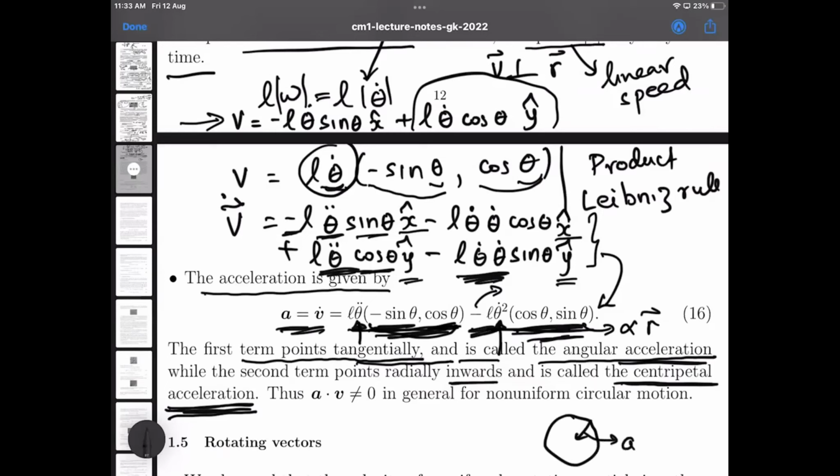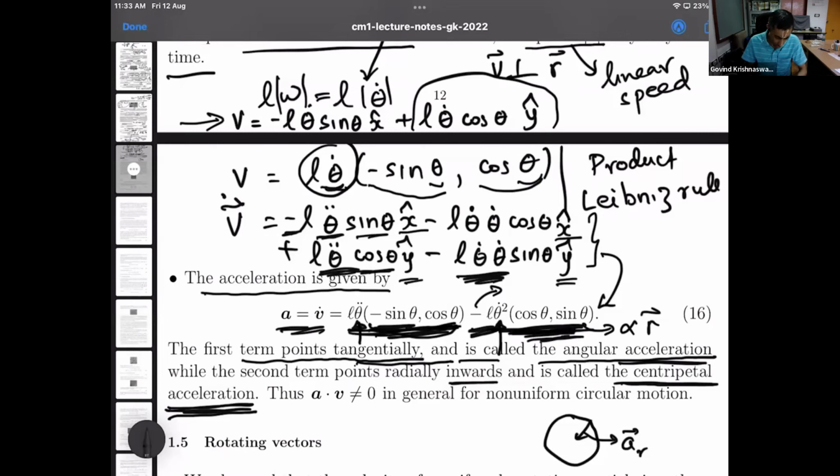Because cos theta, sine theta is basically the coordinates of the particle itself, and negative of that. You are quite right. So this part, which I can call the radial acceleration or the centripetal acceleration, points inwards.